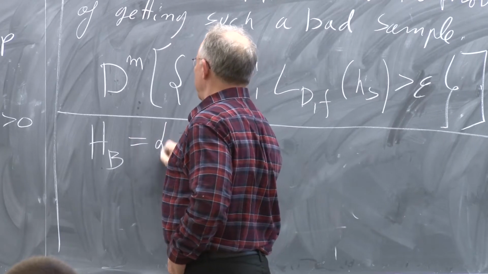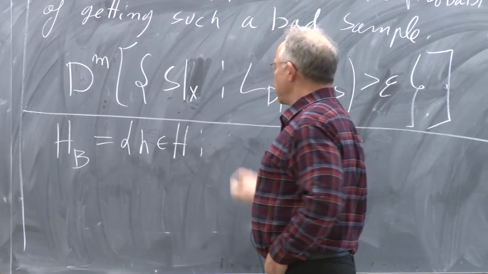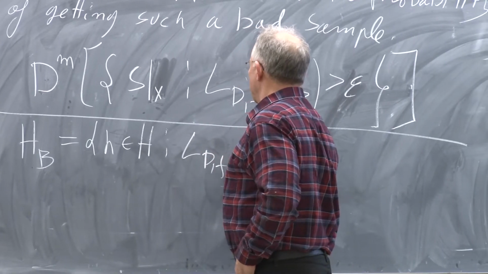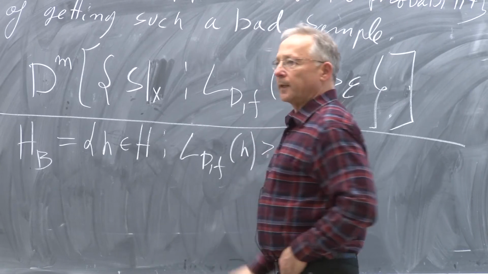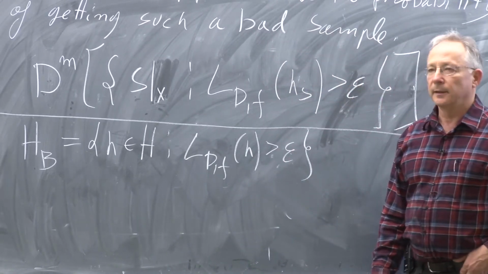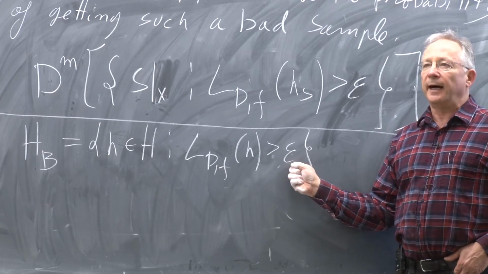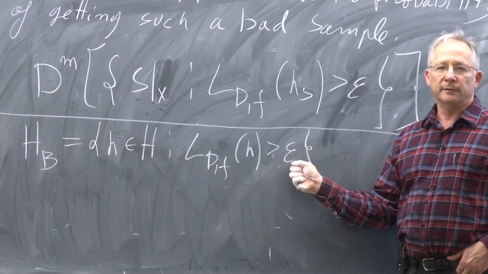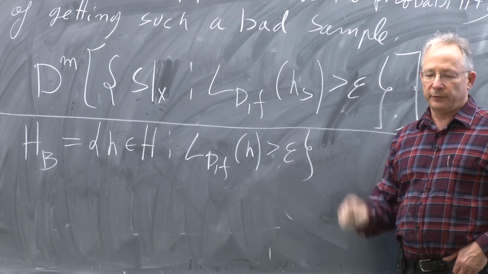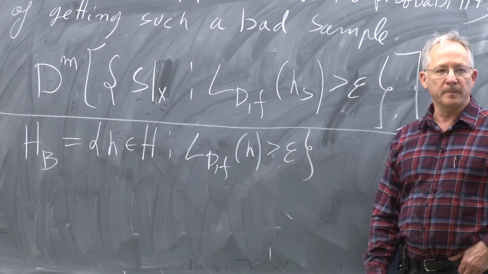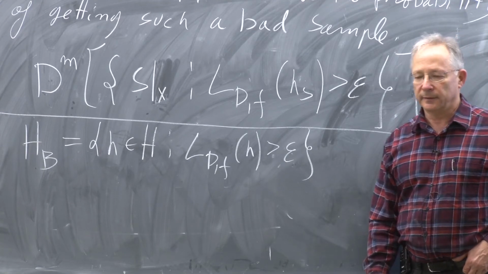HB is the set of all H in H such that the true loss of this H is greater than epsilon. So this is the set of all hypotheses such that if this is what I output, I failed. This is the set of hypotheses that I want to avoid.